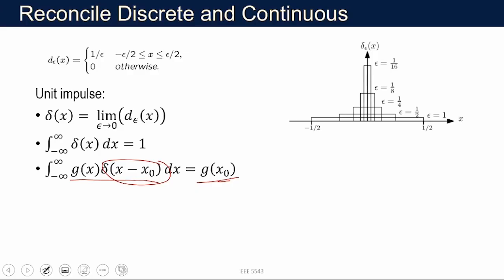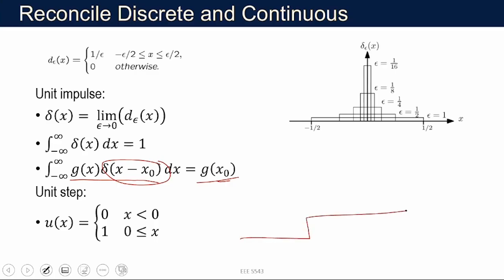Another property of our impulse function is that if we find the cumulative distribution function of it, that is, we integrate from negative infinity to x, then before 0, it has value 0. It has some value around 0, and then afterwards it has value of 1. So in effect, it forms a unit step when we integrate an impulse function.